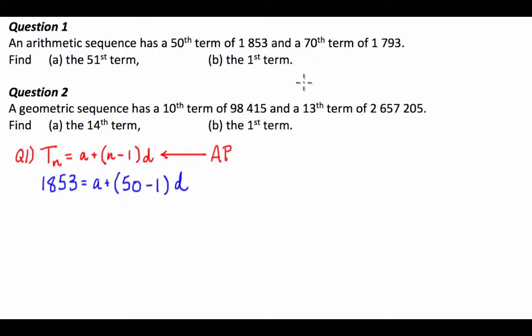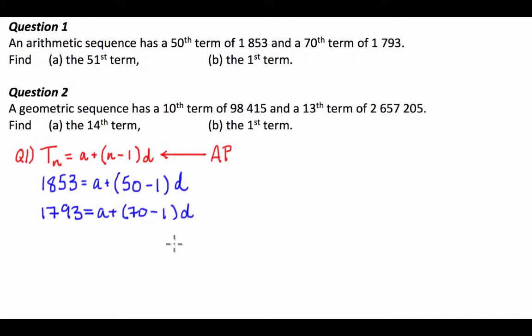Now what we also have is the 70th term of 1793, so we have 1793 is equal to a plus 70 minus 1 times d.